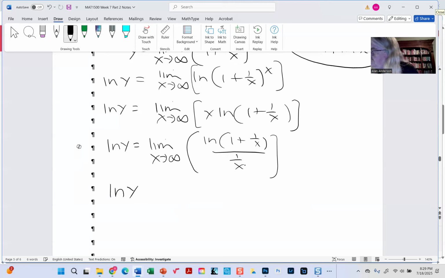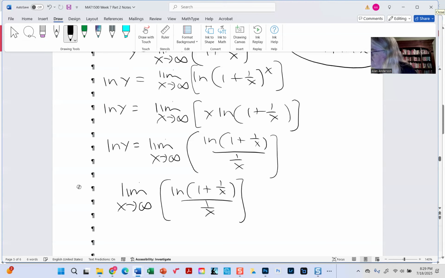Let's just solve for this directly with substitution and see where it takes us. So that would leave us with log 1 plus 0 over 0. Now the log of 1 is 0.